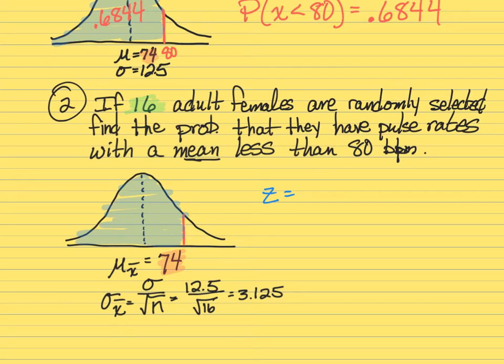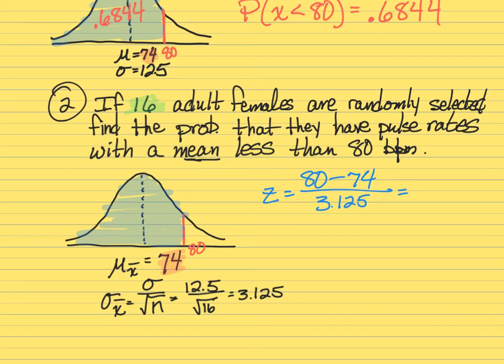Our boundary is 80. I need to label that down here. 80 is our boundary. So we're going to have 80 minus 74 divided by this standard error. And that's going to give us the z-score of this critical value.